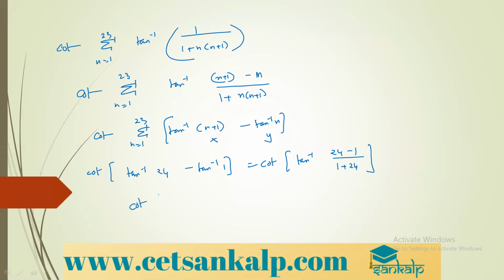That is cot of tan inverse 23 by 25, or cot of cot inverse 25 by 23. So the final answer will be 25 by 23. These all are the reverse of the formulas which you have already used. So you must be good at the formulas, then only you will understand all these problems. Otherwise, it will look something new for you.